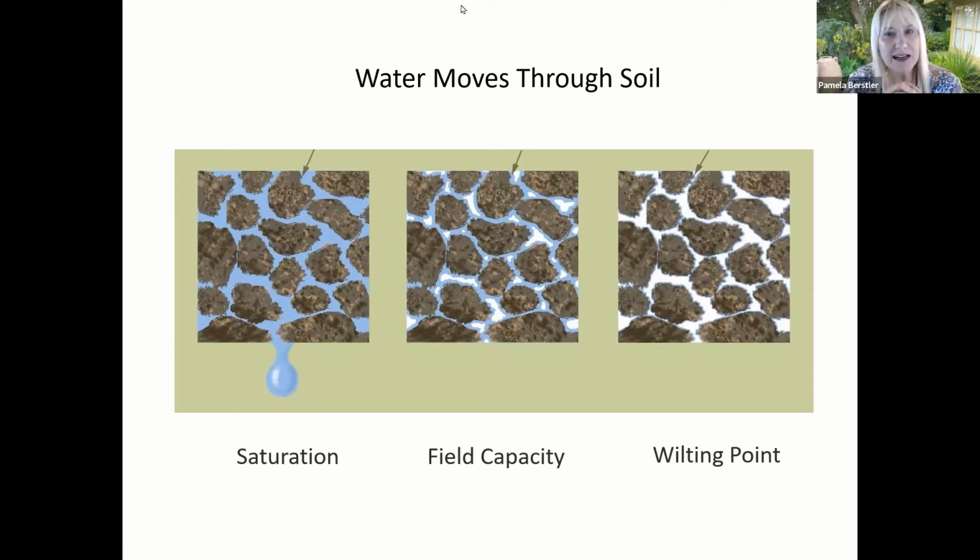So it's not that there's no water in the soil. It's that there's no available water in the soil for the plant. And that's wilting point. So somewhere along this continuum from saturation to wilting point, we are going to want to apply water through an irrigation system to the landscape to reestablish field capacity.